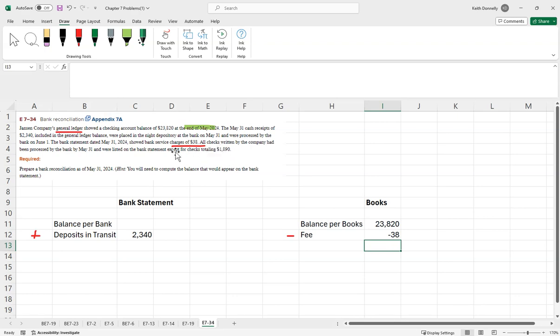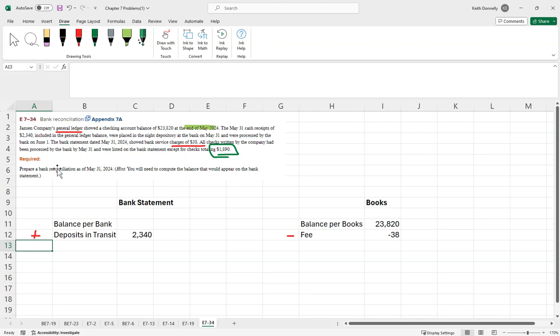And then let's see what else here. It says all checks written by the company have been processed by the bank by May 31st and were listed on the bank statement except checks totaling $18.90, right? So really what's going on here, over on our books we subtracted $18.90 for checks that we had written, and we expected people to cash. When the bank made the bank statement, they had not yet processed those checks.